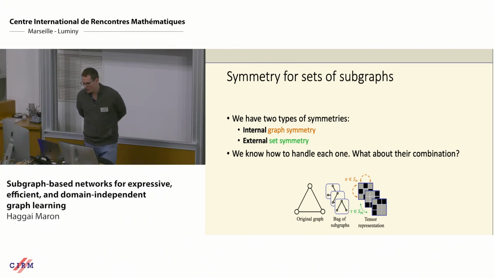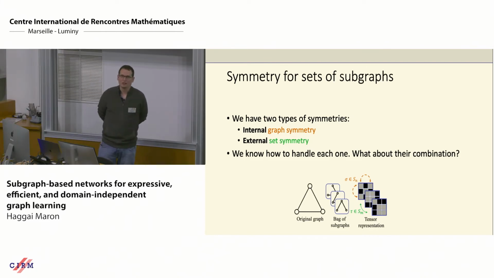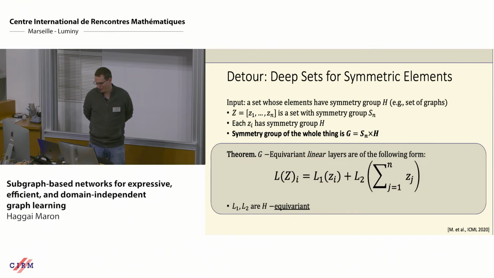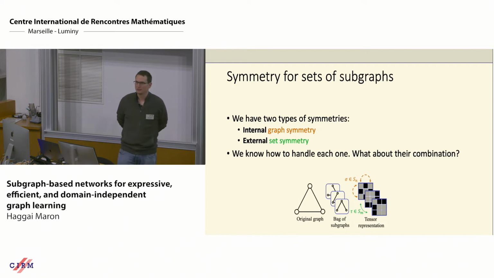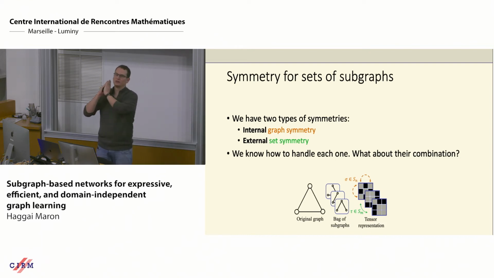And the question here is how to combine the knowledge that we have for each one of those symmetries into a joint symmetry. A way to combine those symmetries, and we will see this in a minute, is to use a direct product of those groups. So essentially, we say that the permutations on the nodes and the permutations on the subgraphs are independent of each other.